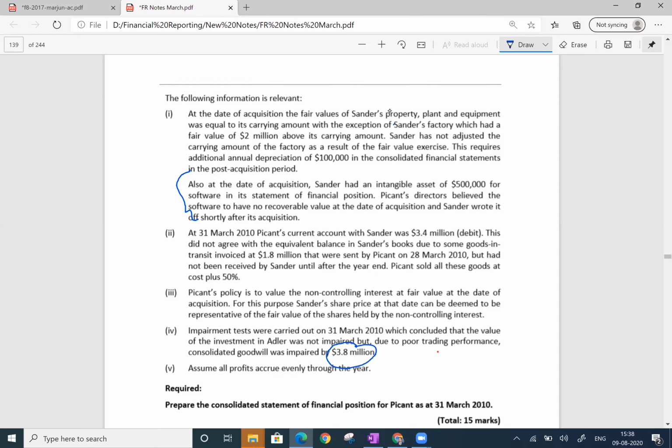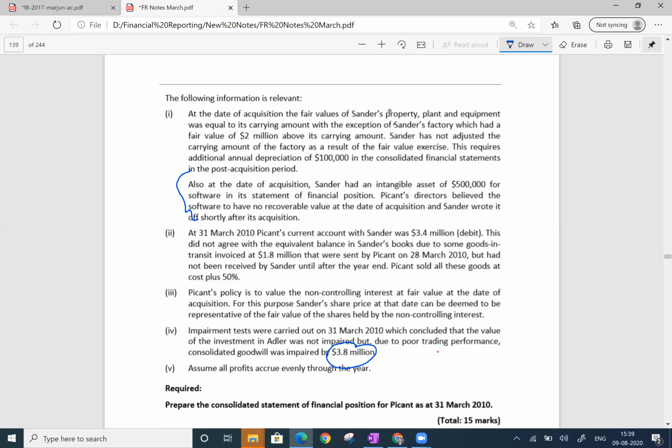So listen, this is the first time we are seeing an impairment of goodwill in the consolidated SOFP. But if you have practiced the nine questions that we have already done, you will be able to sail through smoothly. How was the treatment? One, working note number 3: goodwill, less impairment of 3.8 million.